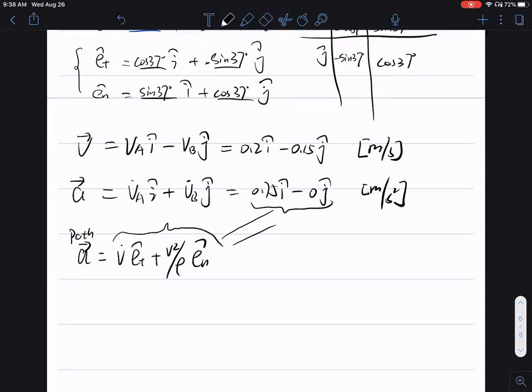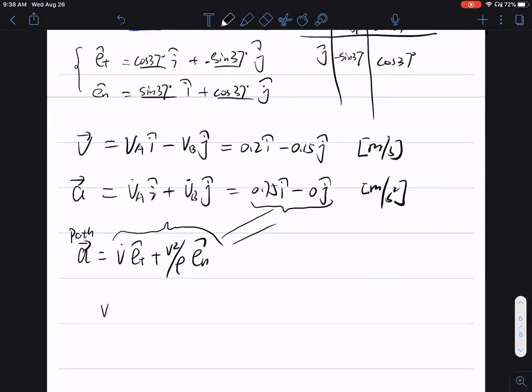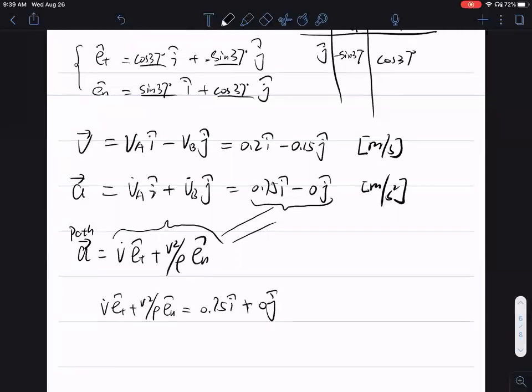They're equivalent. Let's put them together. V dot ET plus V squared over rho EN equals 0.75I minus 0J or plus 0J, doesn't matter.